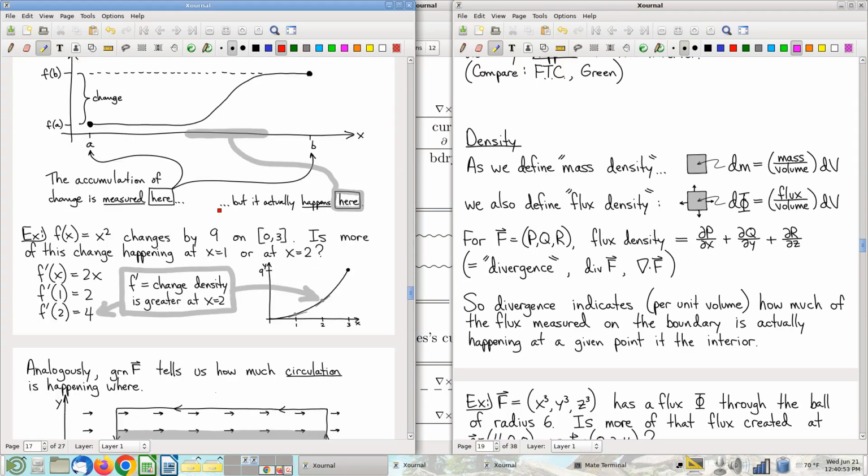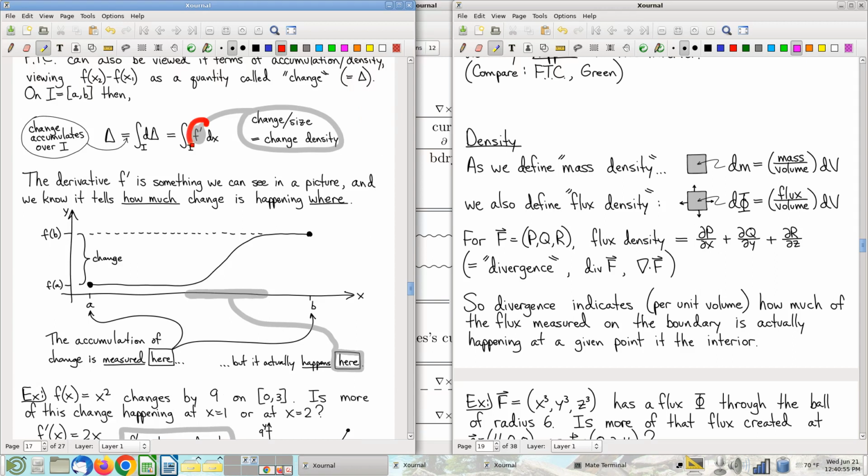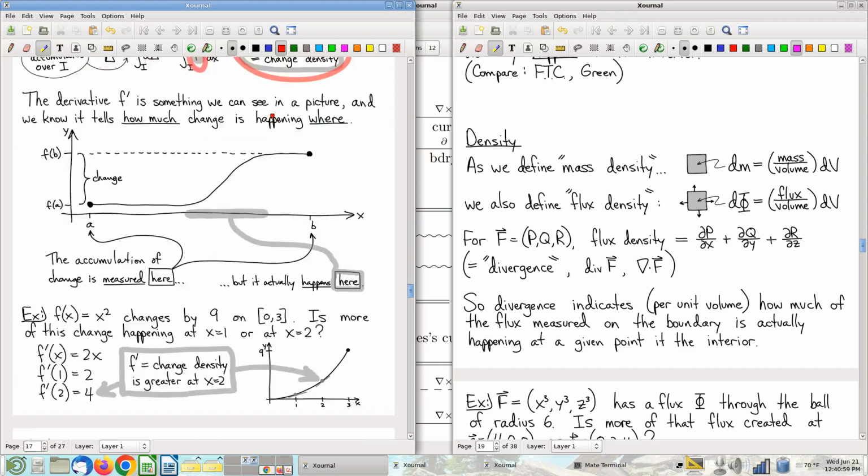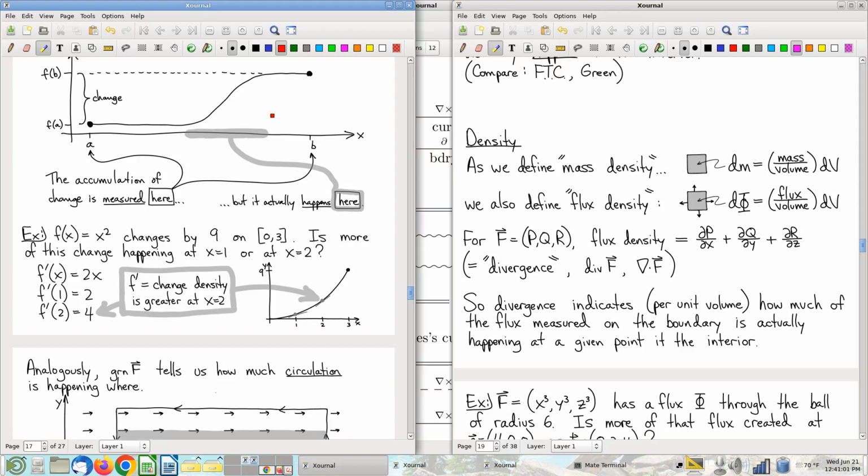So in the same way that derivative can be thought of as change density, and derivative also explicitly points to and tells us where change is actually happening, right? The density is telling you where the accumulating quantity actually is. The bigger the density, the more of that accumulating quantity is in that vicinity.